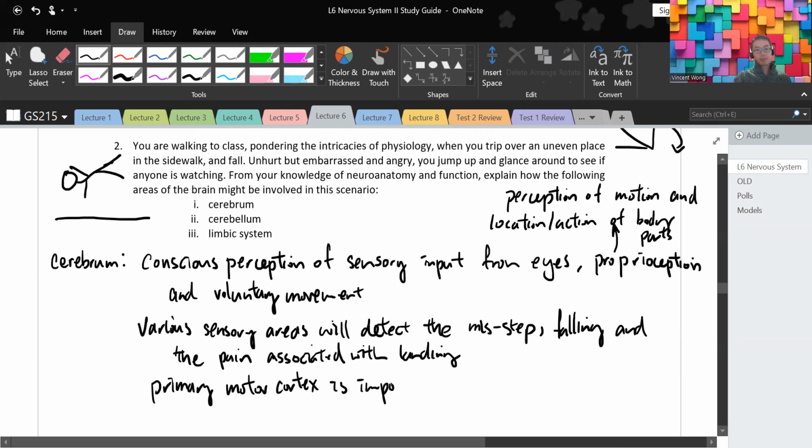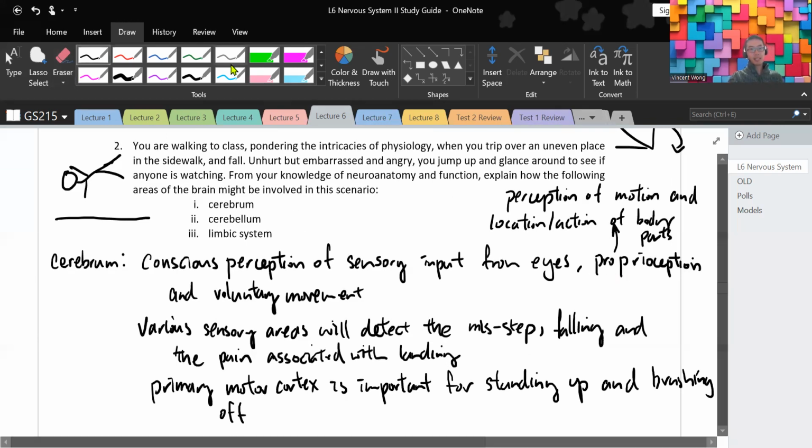It is important for standing back up and brushing off. Okay, so that's basically what the cerebrum does in this scenario.